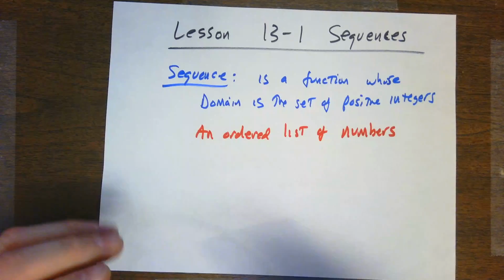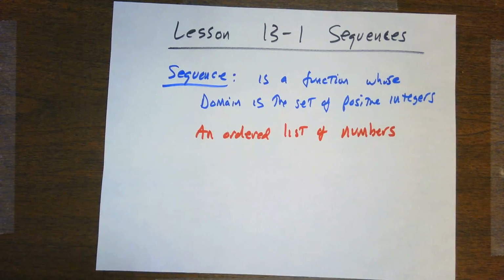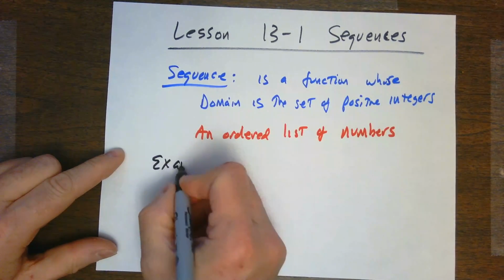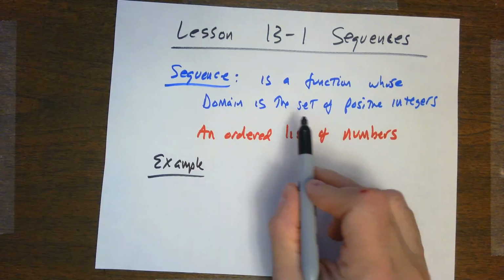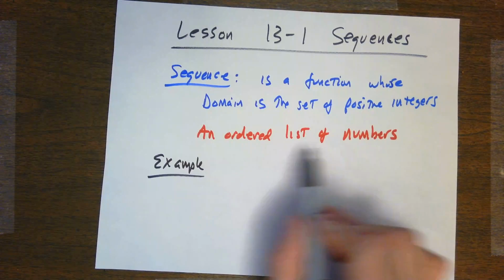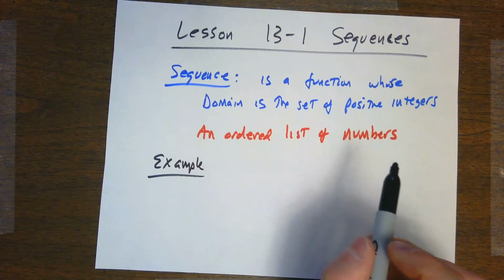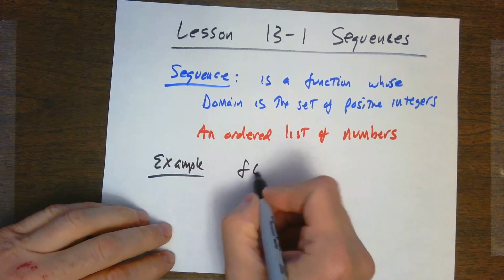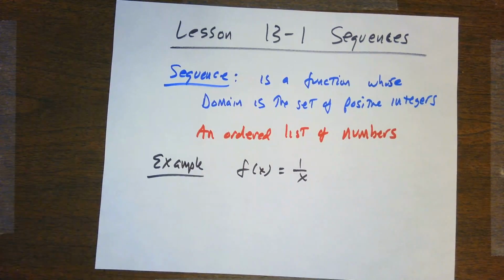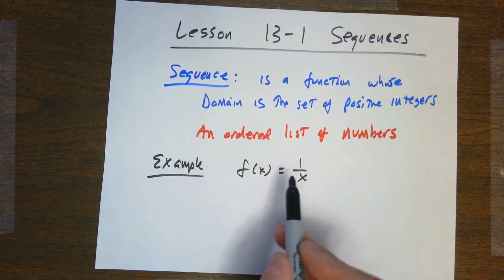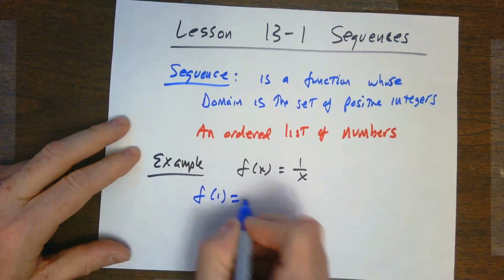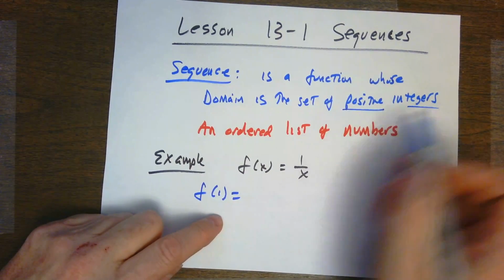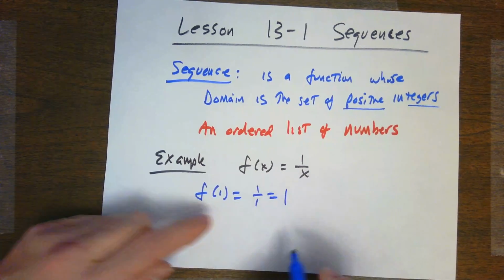All right. So let's do an example here. I need a function, and then I'm going to put in just the positive integers to find the output, which generates the sequence. So if I have something like f of x equals 1 over x, there's my function. The sequence is the outputs. So I'm going to look at f of 1. Now I'm only using positive integers, starting with 1. 1 over 1 is 1.